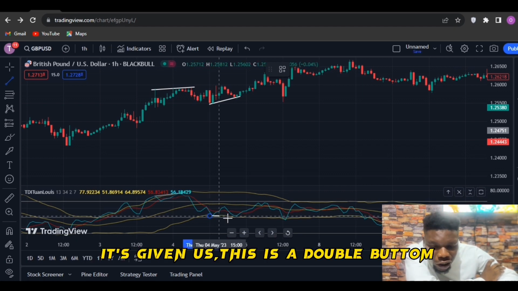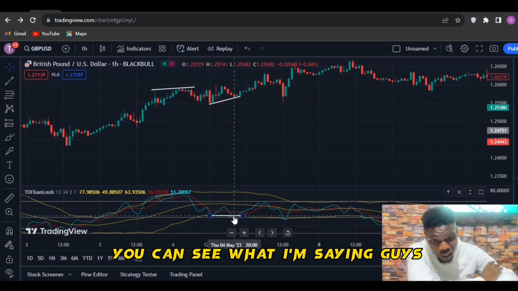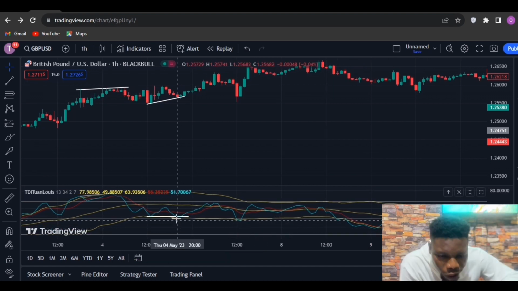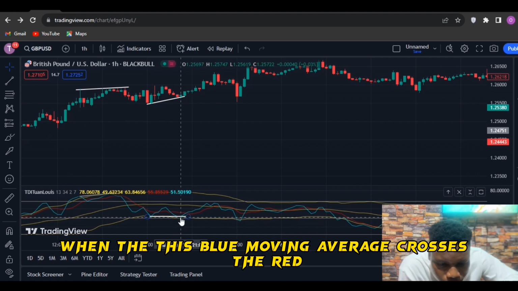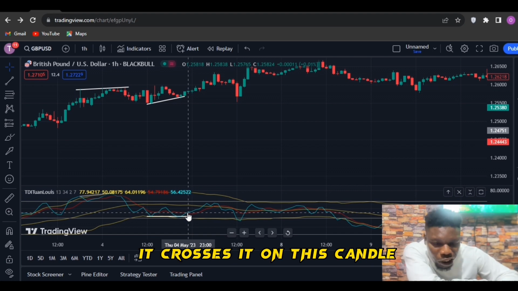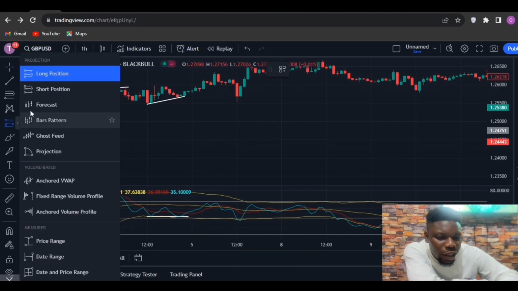This is giving us a double bottom. You can see what I'm saying, guys. What does that tell us? A divergence. Whenever you see a crossing, when this blue moving average crosses the red, that is when you should enter. It crosses it on this candle. Entry should be here. You enter here.